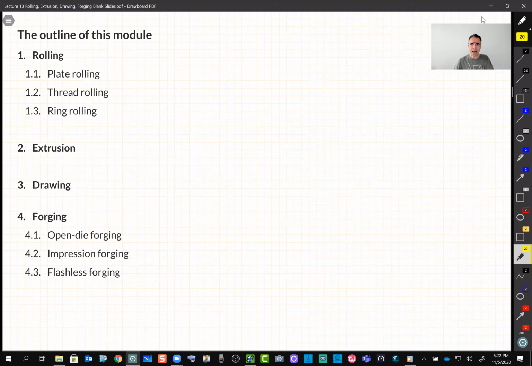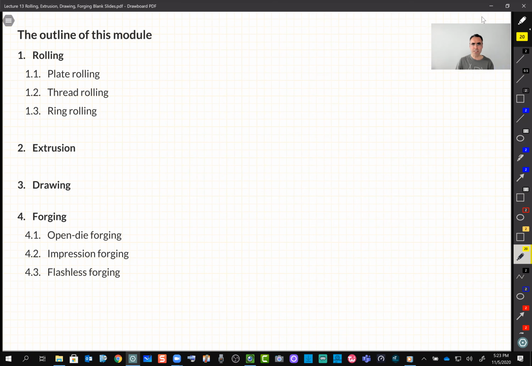This is the outline, or the sequence, of this module. We'll start with rolling, and particularly plate rolling. You can guess from the name, and hopefully if you watched the videos, these things make sense. Thread rolling is for making threads, and ring rolling is for making rings, such as the rings for ball bearings or larger rings.